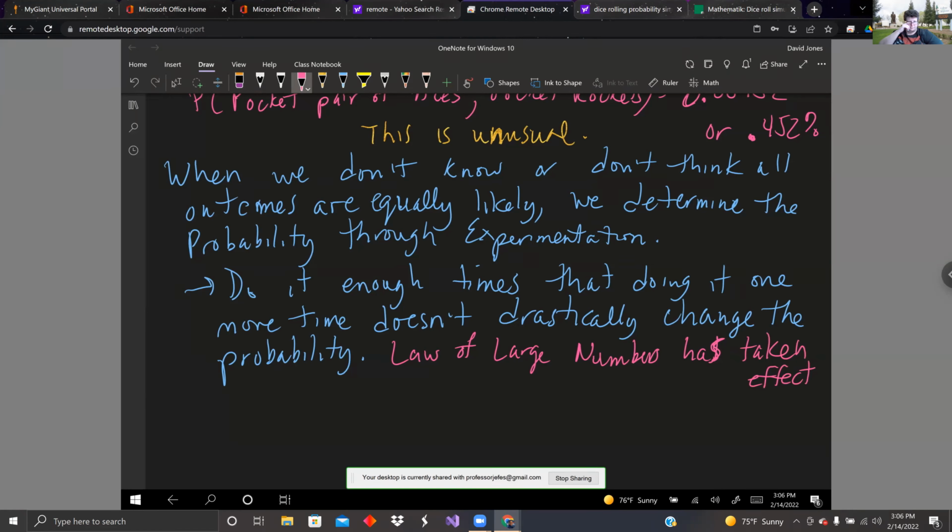And I'll show you an example. We're going to look at a fun case. We call this empirical probability.